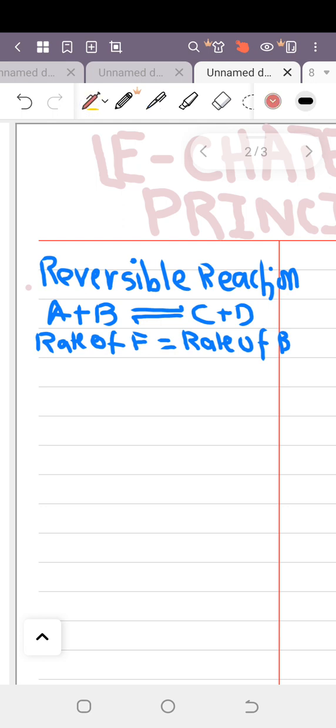But Le Chatelier's principle says that if we change temperature, pressure, concentration or volume, or add any inert gas to this reversible reaction, the equilibrium will be disturbed.